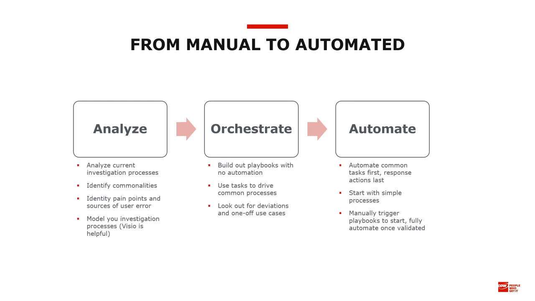So as you go through the orchestration process, and again, over time, building out your tasks and ensuring that your analysts are investigating the same way, you're going to start to get a real good understanding of what components can I automate? What things are we always doing that we should always do the same way, and that are potentially prone to human error, versus what are some of the things that we can't really automate because they're not common?